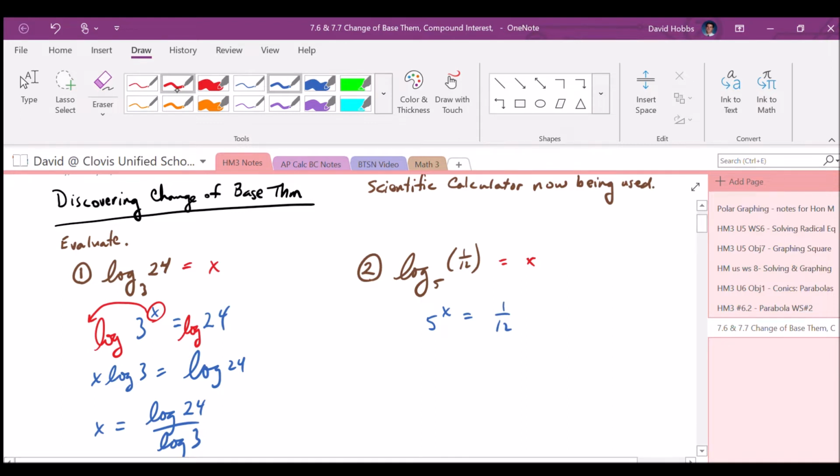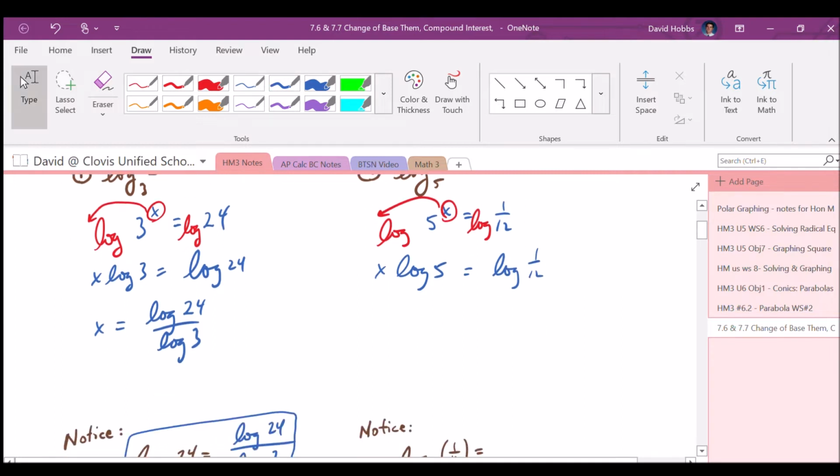And so we're going to take the log of both sides, base 10, and bring the x out in front using log properties. x log 5 equals log of 1/12. And we can solve for x by dividing both sides by log of 5 base 10. So x is log of 1/12 over log 5.